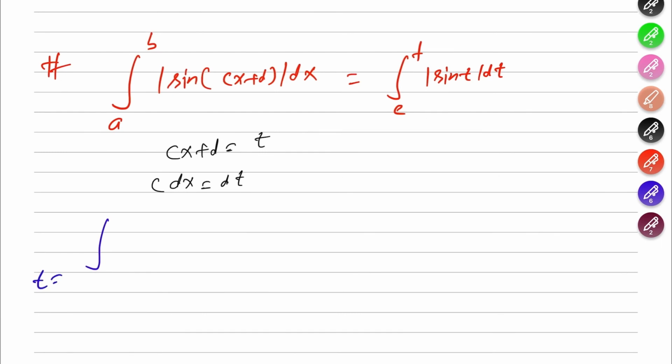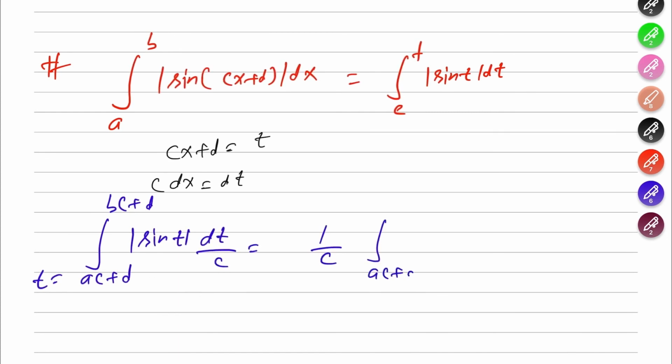So t varies from ac plus d to bc plus d, and in place of this we have sin t, and in place of dx we have dt by c.